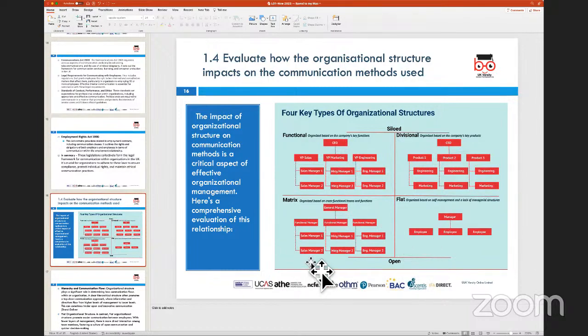We then look at matrix structure. Matrix structure tends to be used when an organization has lots of cross-functional teams and functions. For example, here there is a big organization which has a presence in Manchester, but it also has a presence in London, Birmingham, and certain other cities. So there'll be branch offices, and within those branch offices, you'll have similar functions.